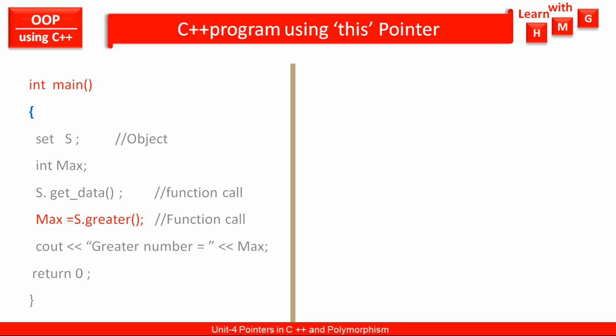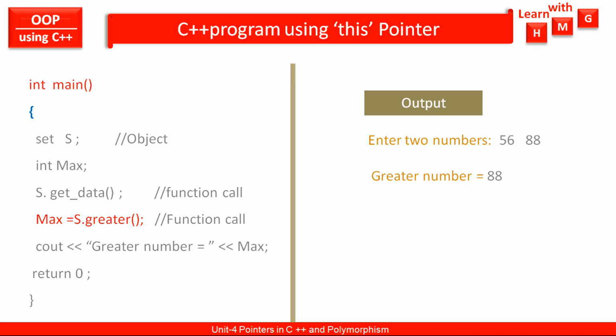Now let us see what the output of this program will be. The output will be: enter two numbers, 56, 88. These are the two numbers where 56 will be stored in x and 88 will be stored in y, and the greater function will find the greater number as 88, that is y, and that will be assigned to max and displayed as greater number is equal to 88.